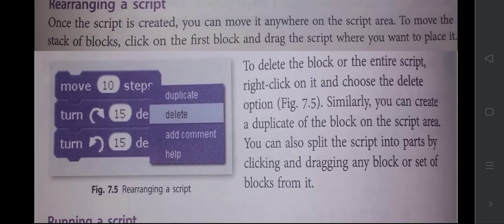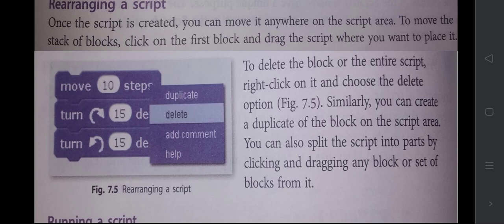Then rearranging the script, you want to rearrange now. How to rearrange the script? Once the script is created, you can move it anywhere on the script area, like left, right, or anywhere. To move the stack of blocks, click on the first block and drag the script where you want to place it.